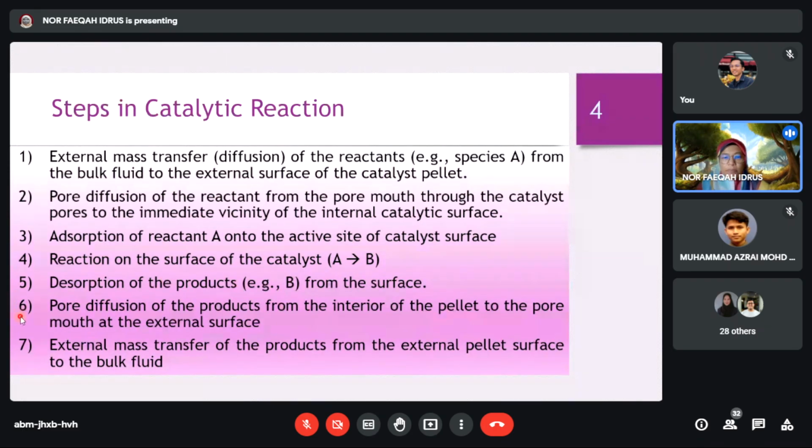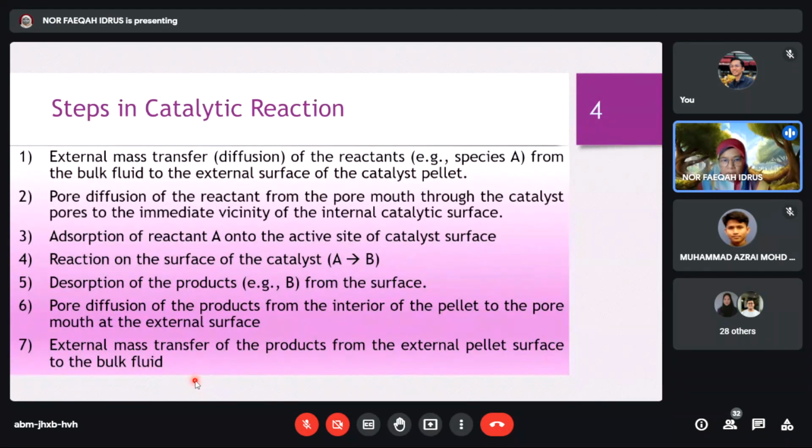Step 6, pore diffusion of the product from the interior of the pellet to the pore mouth at the external surface, so it is the reverse of step 2. And then finally, external mass transfer of the products from the external pellet surface to the bulk fluid.